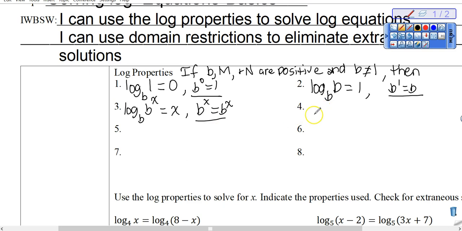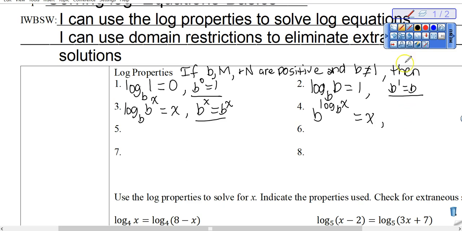Last one is this. Base b to the log base b of x. So that's an exponential, but it contains a log, equals x. Well, that's an exponential, and it's hard to see.